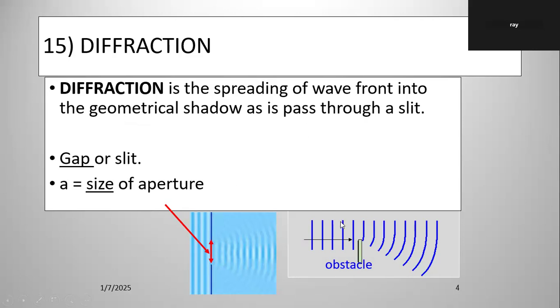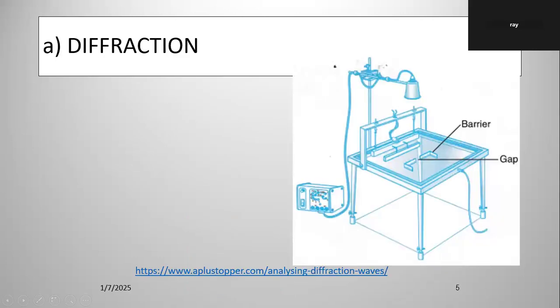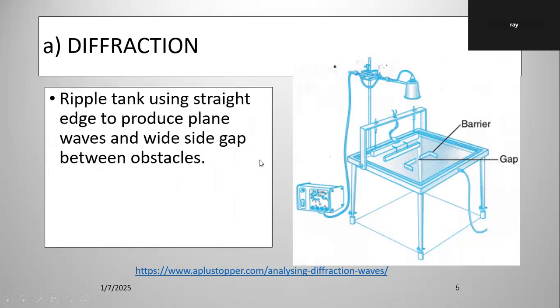It can be a sound wave or a light wave; any type of wave can be diffracted by an obstacle. Ripple tank experiment: there's your straight edge to produce plane waves, there's your gap, there's your barrier.